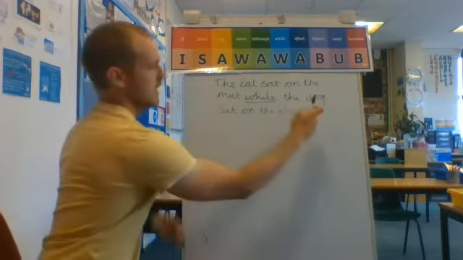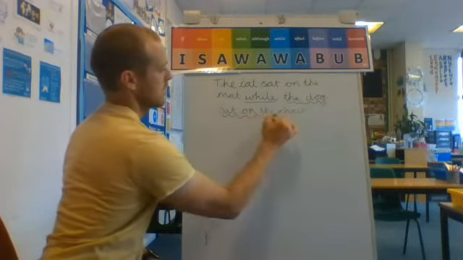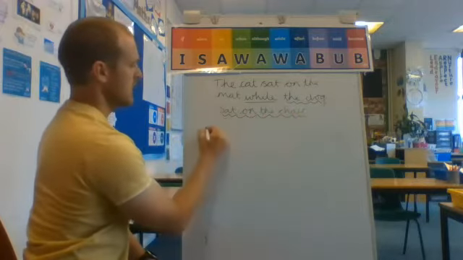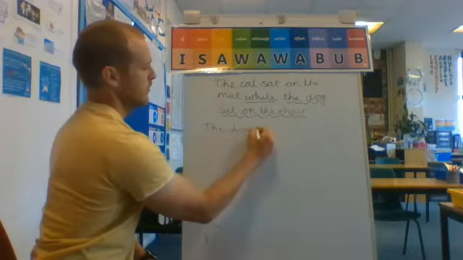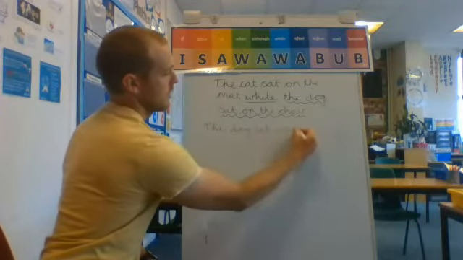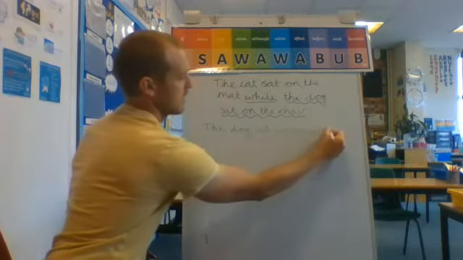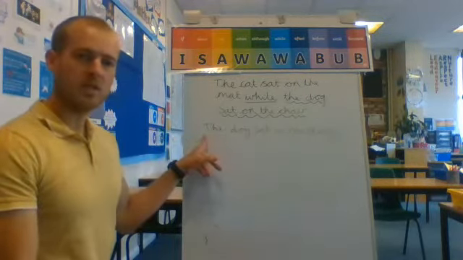If I was to take this part of the sentence out and write it down here on its own, the dog sat on the chair, we can see that that sentence makes sense on its own too.